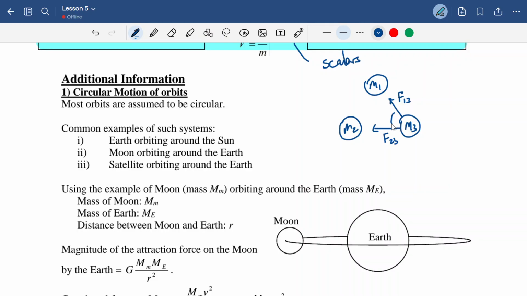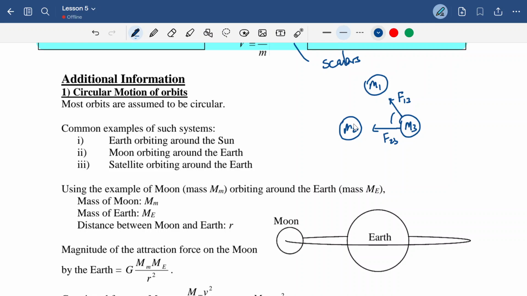Yeah, so that is for application of it as forces. Now, because gravitational force is still a force, we can use it to analyze orbits. Most orbits, at least within the inner solar system, are circular.